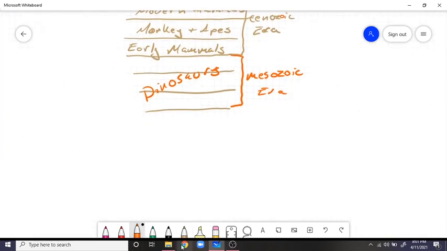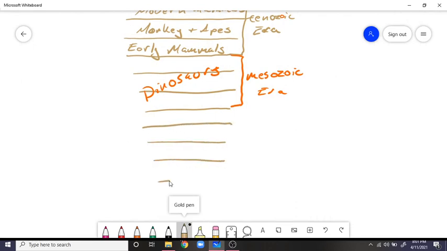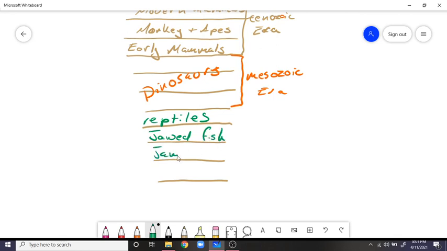And if I continue to dig down even deeper below the dinosaurs, I begin to see my earlier reptiles, my bony fish, my jawless fish, these are my primitive fish, and then invertebrates.